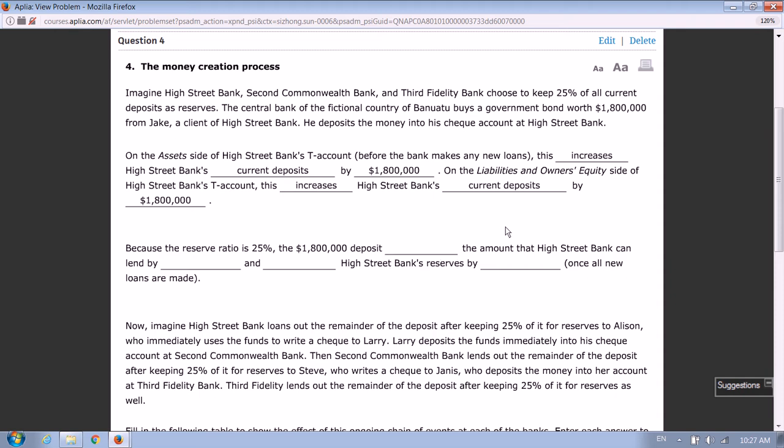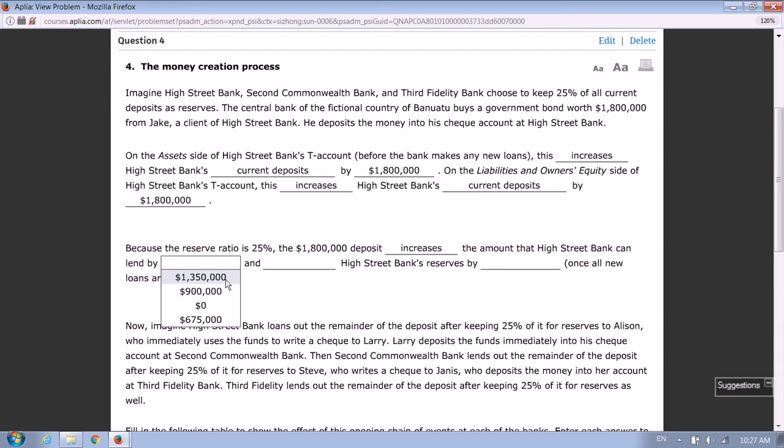Because the reserve ratio is 25%, the amount that High Street Bank can then lend is 75% of 1.8 million.